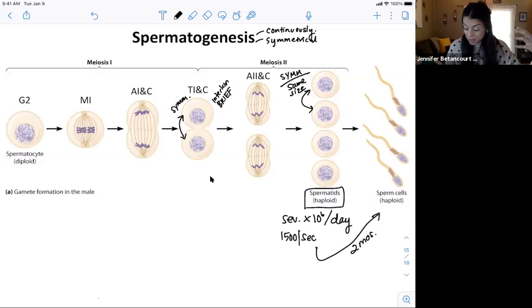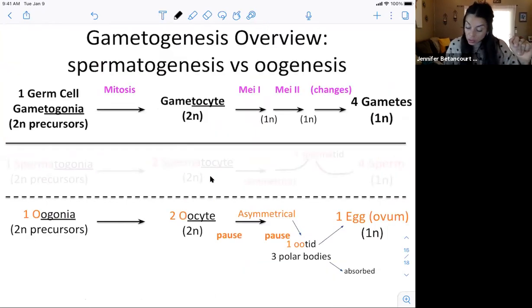Nothing too wild. I mean, those stats are pretty crazy, but here's where it's going to get even weirder. We're going to look at oogenesis. So I'm going to go back to this chart. We just covered spermatogonia all the way to sperm. Now let's make sure we're all on board with the terminology.